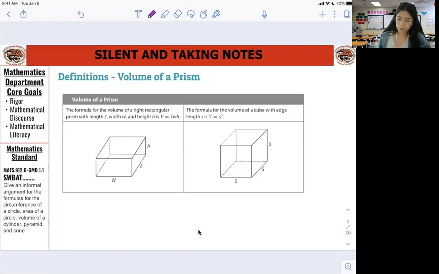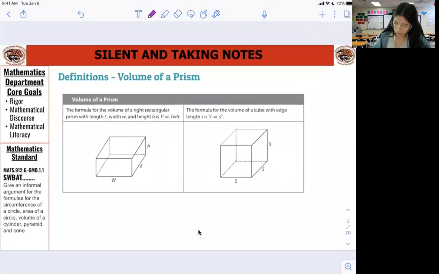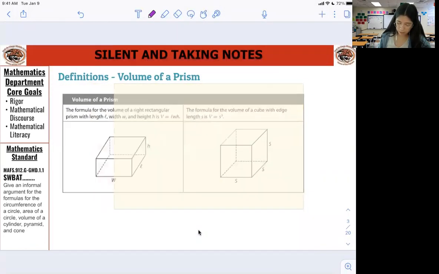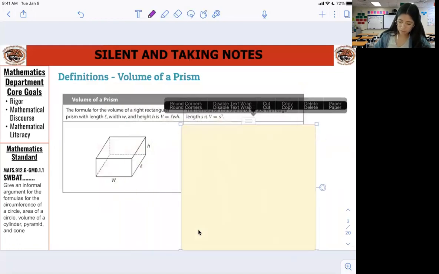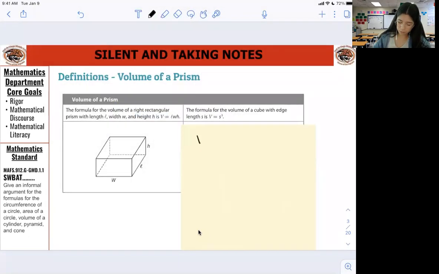So what I would do for today, let me see if I can actually, I know I can do it somewhere. Oh, here it is. Okay. Maybe on the first page of all your notes for today, we can just start a list of volume formulas. That way you have them all in the same place.